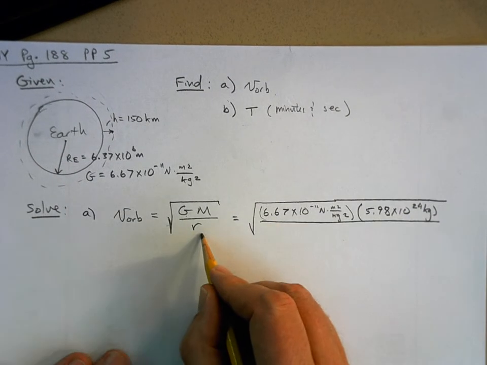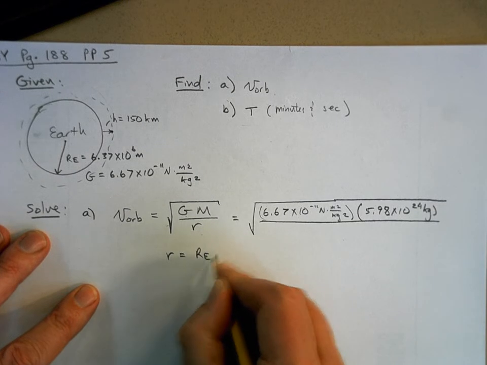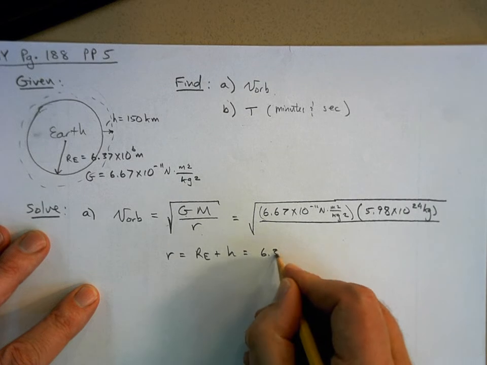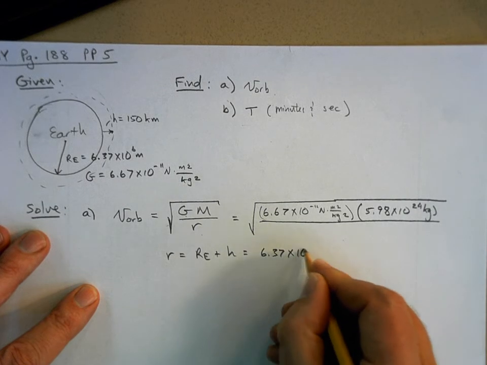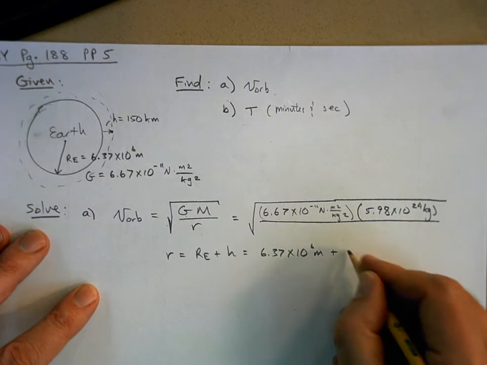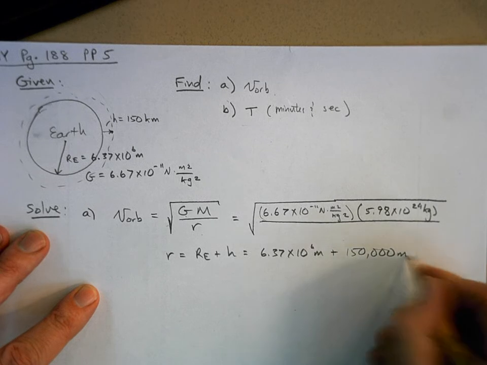All right, and then what is R? Well, R is the radius of the Earth plus our height above the Earth, which is 6.37 times 10 to the 6 meters, plus, now you have to change this, 150,000 meters.